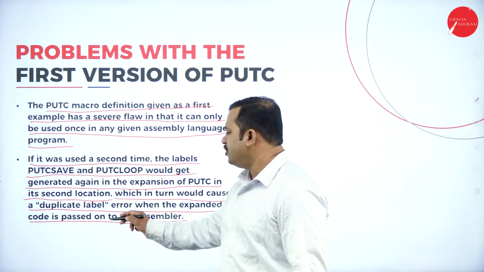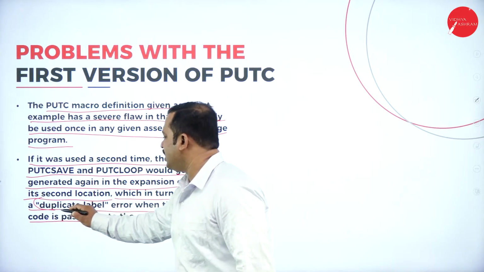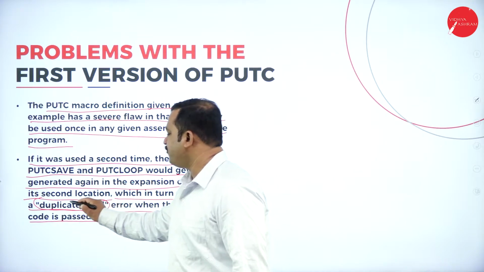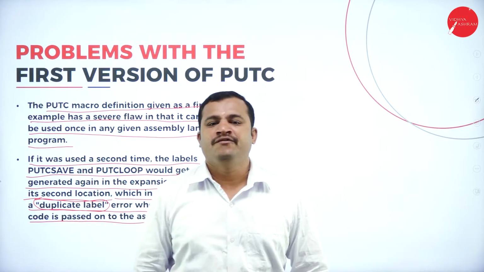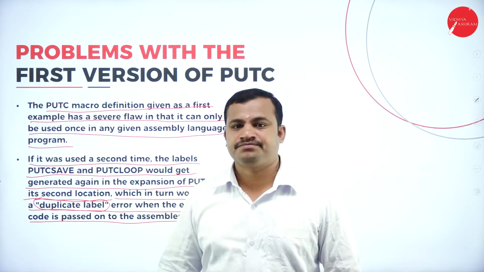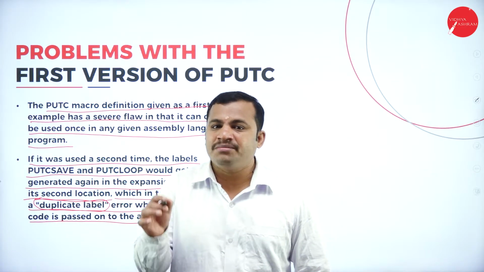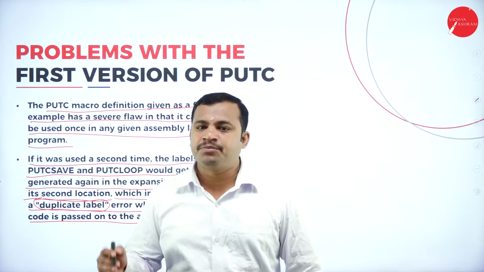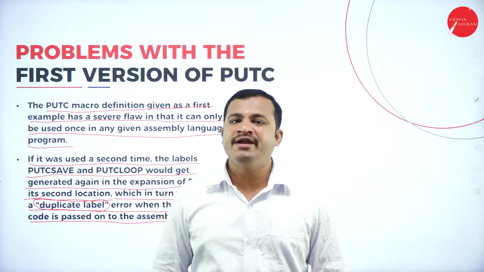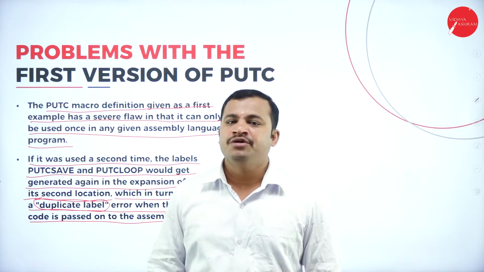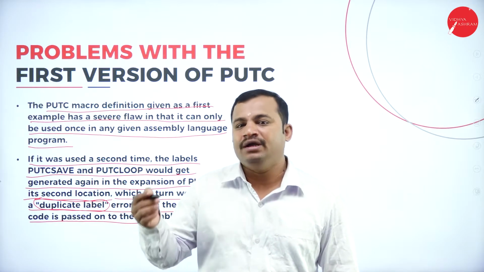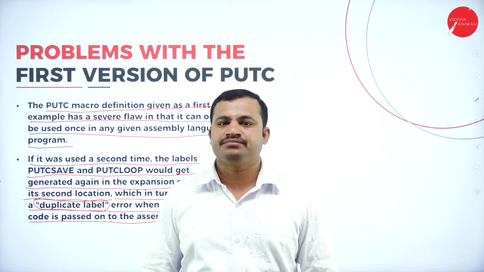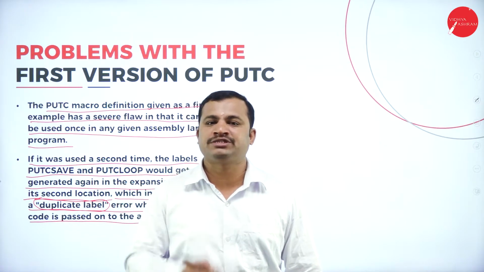These kinds of duplicate labels generated at the time of expansion lead to confusion for the assembler. So this is the major drawback the programmers identified in macro expansion with respect to labels generated iteratively, for example in a looping statement.